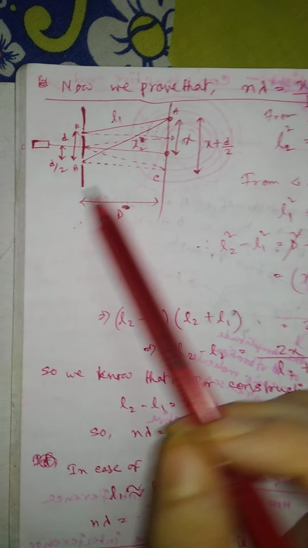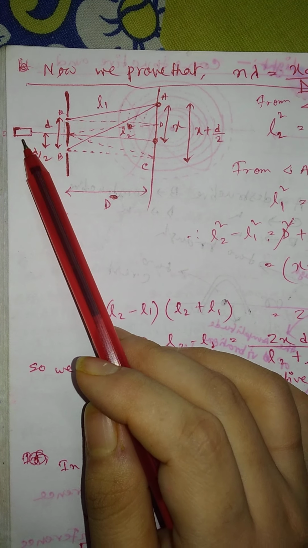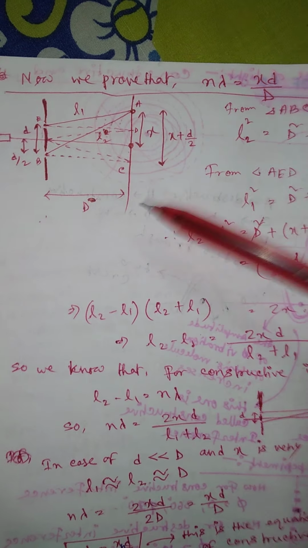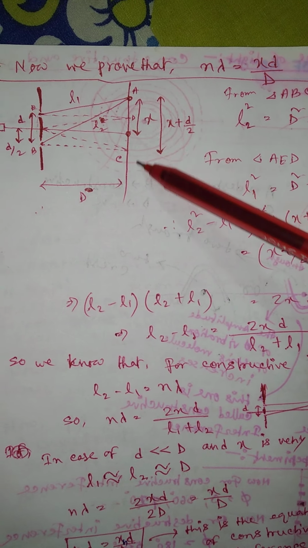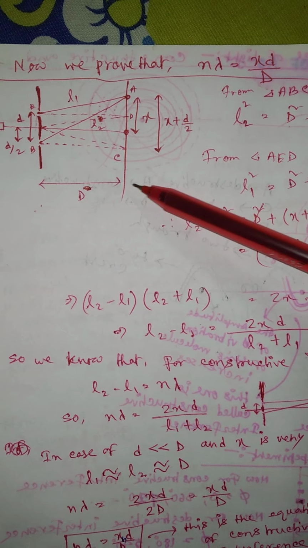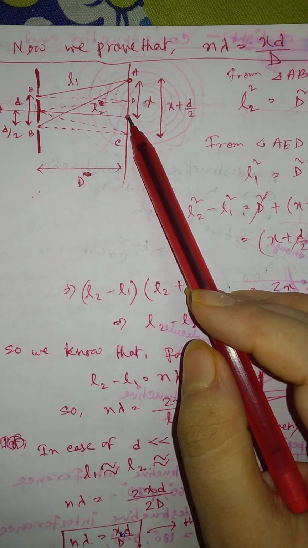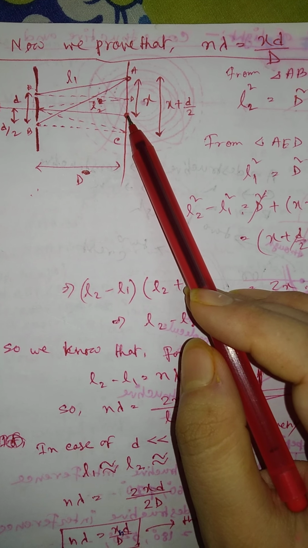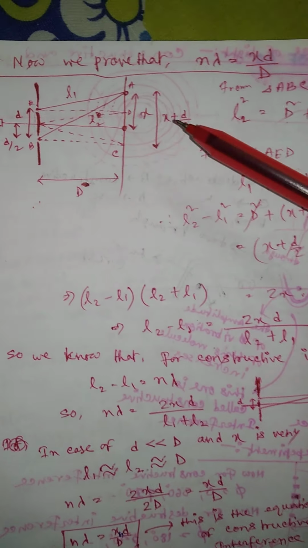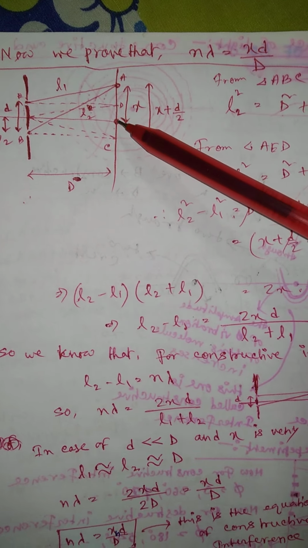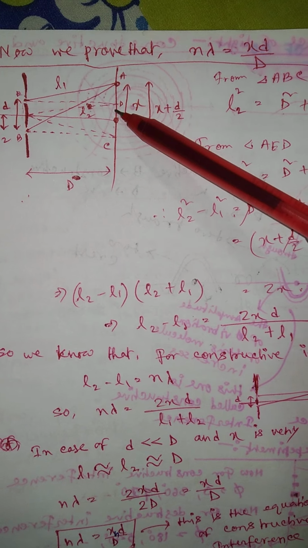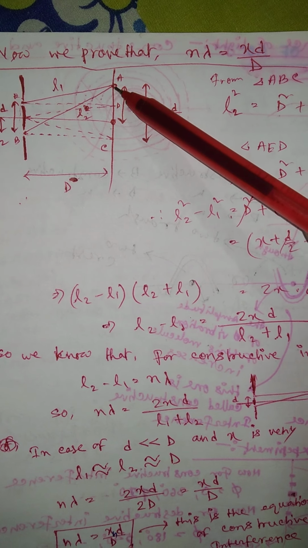Okay, so if we take a monochromatic light source, then we can observe so many fringes on this screen. At the center we observe a bright fringe, and then after this bright fringe we observe a dark fringe, then bright, then dark, then bright, like this.